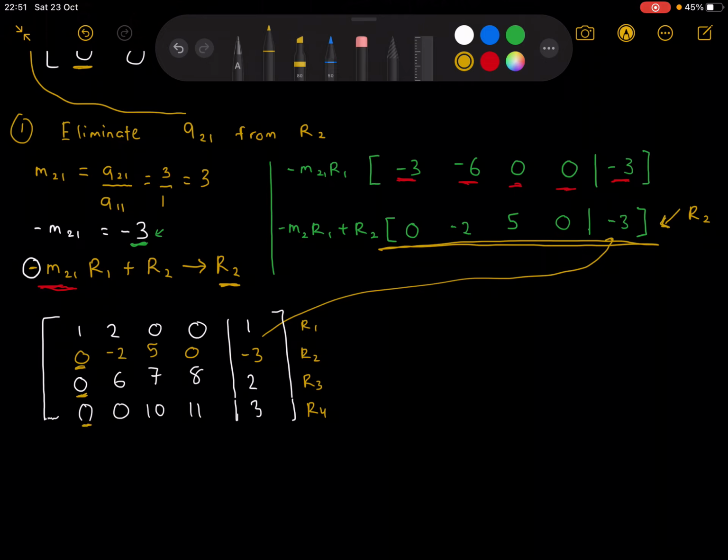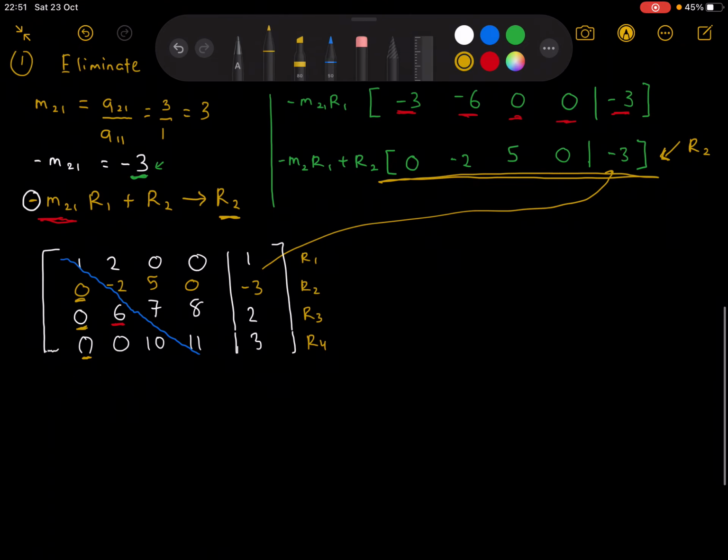So what we need to eliminate? We need to eliminate number 6 here, because let's say this is our diagonal matrix. So next would be the value of 6 there. Now you can see that the value of 6 there is on row number 3, so we're going to eliminate.